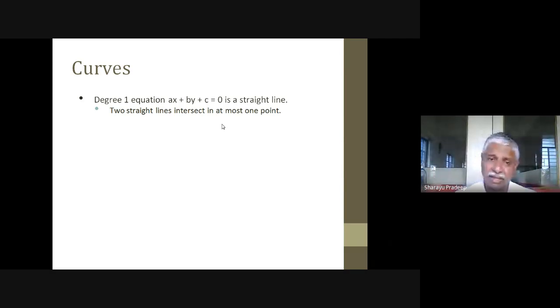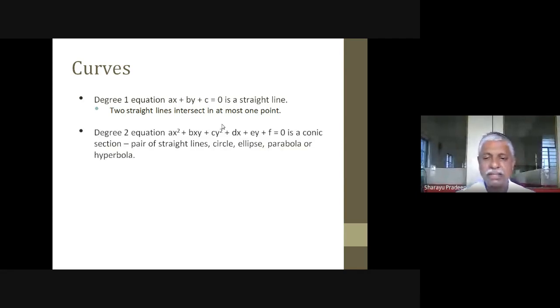It can't have more than 1. We do these kinds of things in high school, class 8, 9. Of course, if it's the same line written twice, then there will be infinitely many solutions. That's a different issue. I'm saying two different straight lines will have at most one point in common. This is an important point for me.